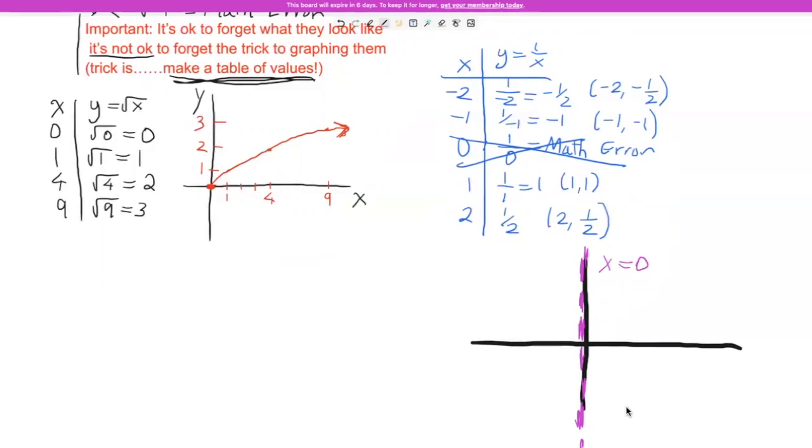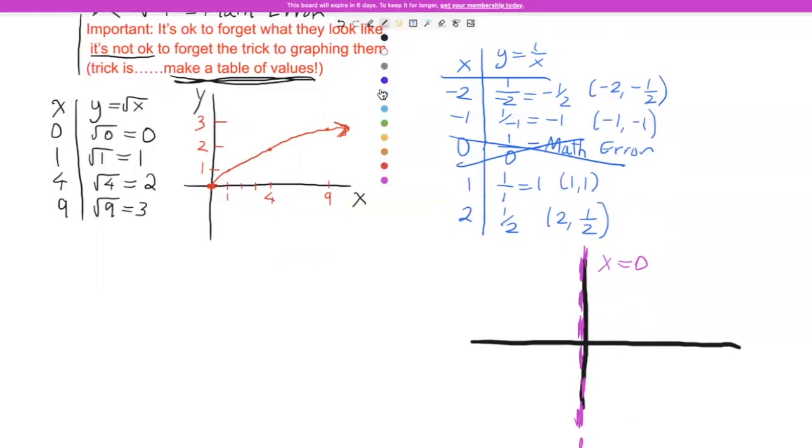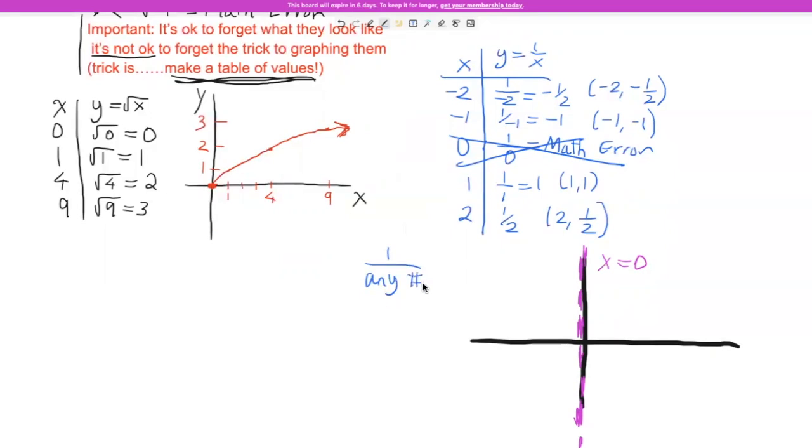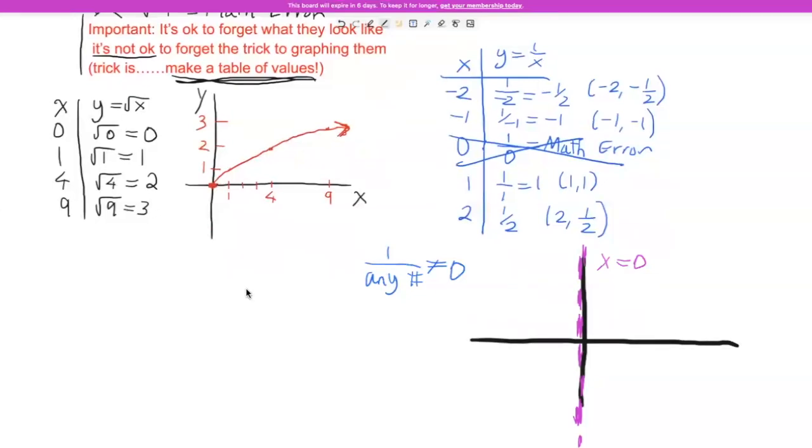But you might also notice that none of the y values we got were equal to 0. If I do 1 over any number I like, literally any number, except 0, of course, because I can't, 1 over any number will never be 0. If you don't believe me, you try it by yourself.